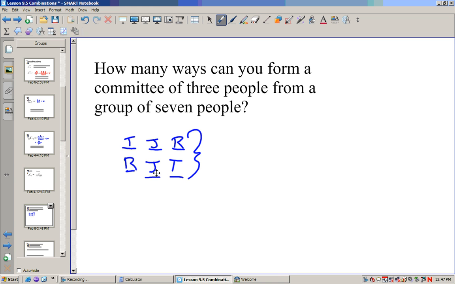We can't count that twice. So this is the combination. 7 choose 3. So there's 7 times 6 times 5 divided by 3 times 2 times 1, which would be 35.